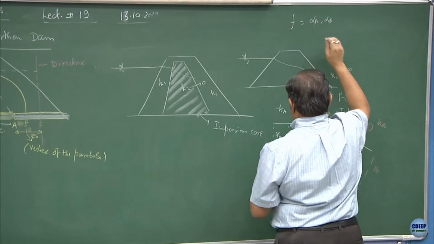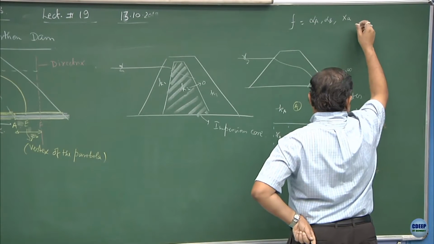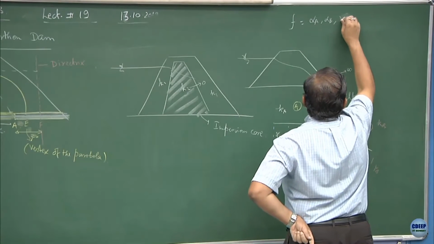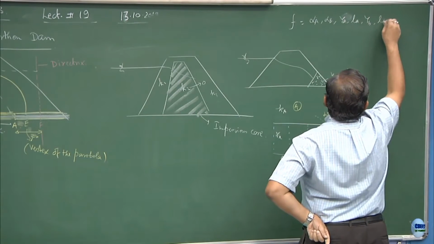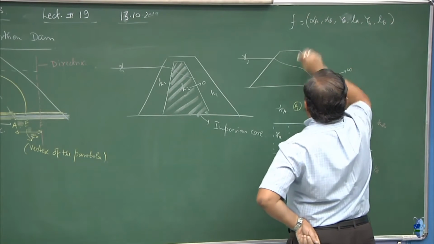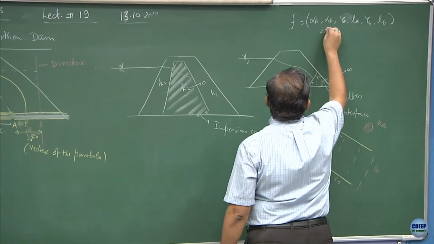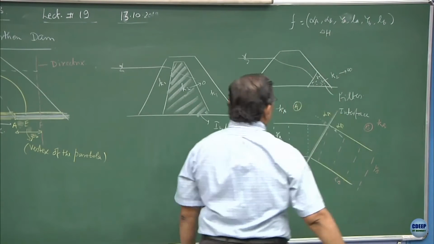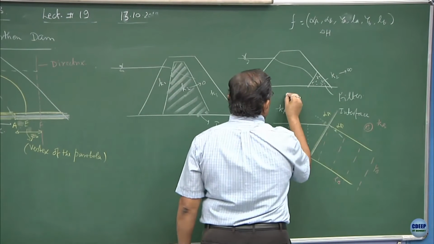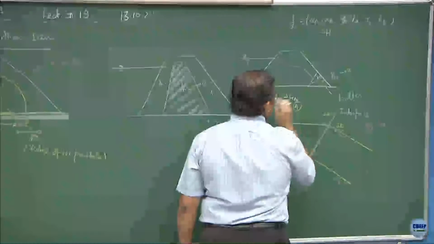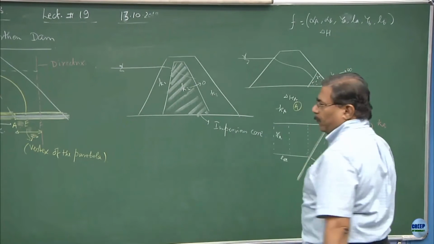So, derive a relationship between this X A, Y A, L A, Y B, L B, and what is causing the flow to take place, delta H. So, I can have a situation where delta H A and delta H B are provided.